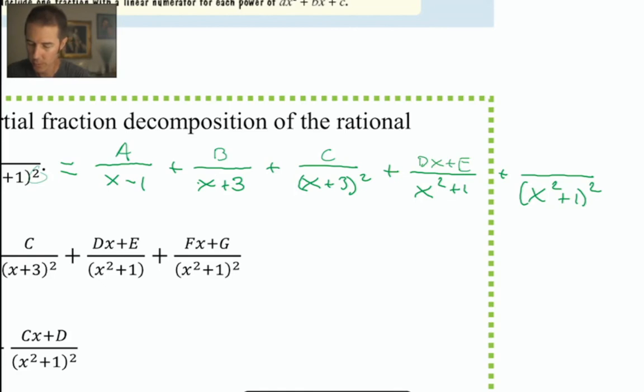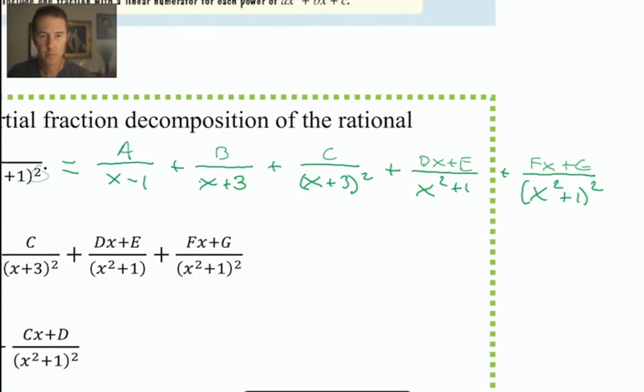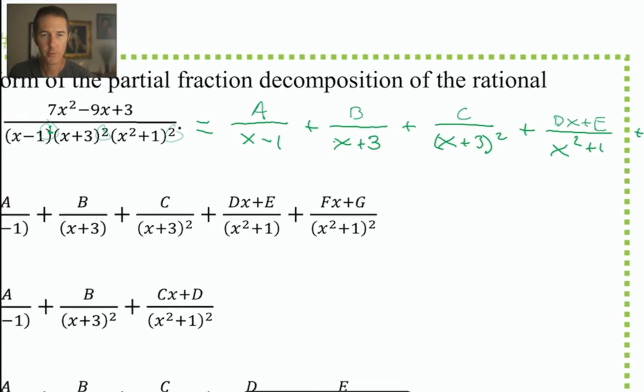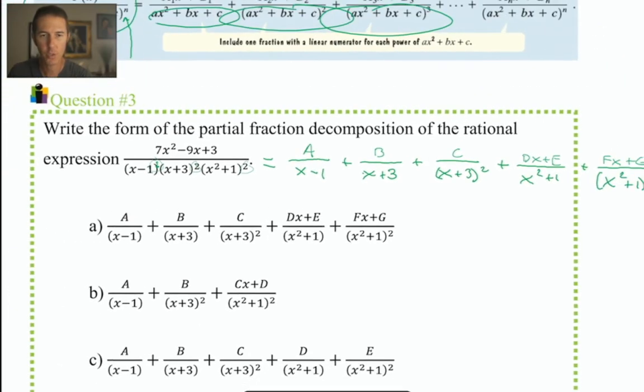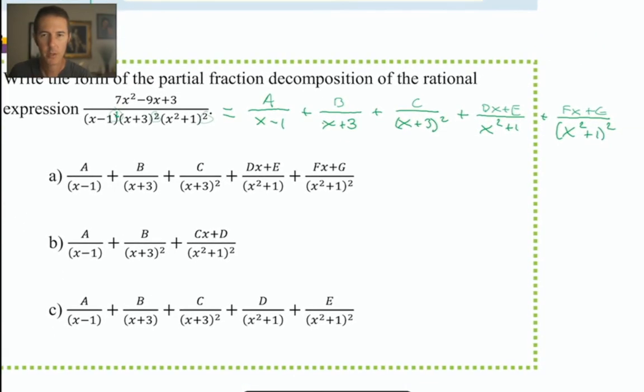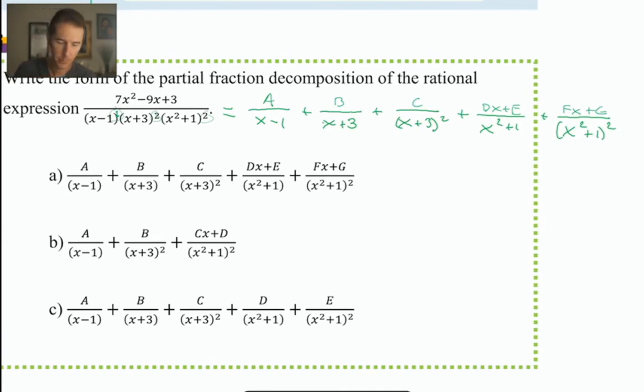So it gets a first degree or linear numerator, fx plus g. That is the form for our partial fraction decomposition, and let's see which multiple choice option it matches up with. It is the first one, which is written far more clearly than my handwriting, so double check, make sure you wrote all that down correctly.